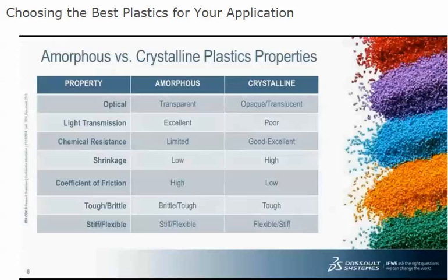And you can see some of the other properties there that you can compare. Now, in some cases, if we talk about toughness and brittleness, for example, you can certainly have both amorphous and crystalline materials which exhibit the quality of being tough. However, if we talk about brittleness, it's usually only the amorphous materials which will exhibit brittleness in certain instances.